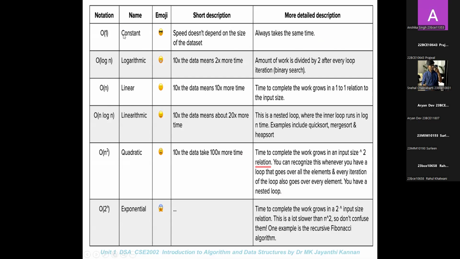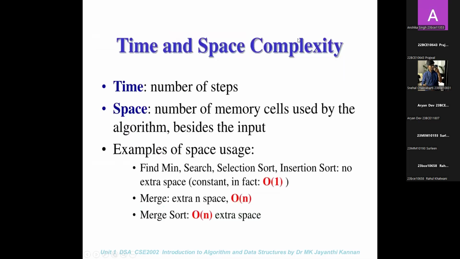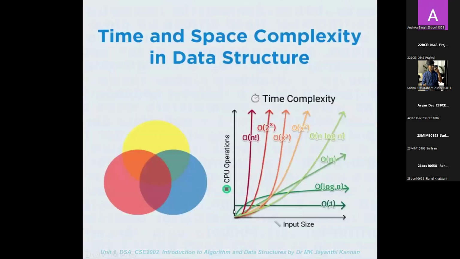Speed does not depend on the size of the data set, it always takes the same time. From this diagram, order of one is a straight line, constant, irrespective of 10 inputs, 20 inputs, 100 inputs, 1000 inputs also.